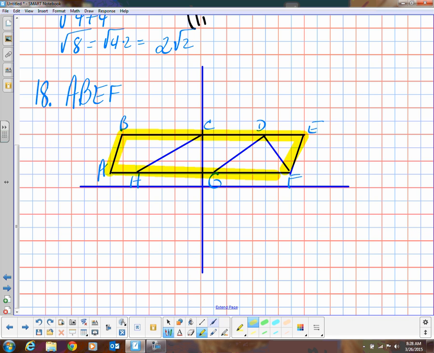What's the formula for a parallelogram? A equals base times height. How long is that base? 14. Is it? Yeah. Okay. 14 times, how high is it? 30. So what is this area?